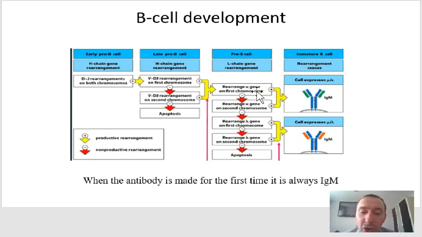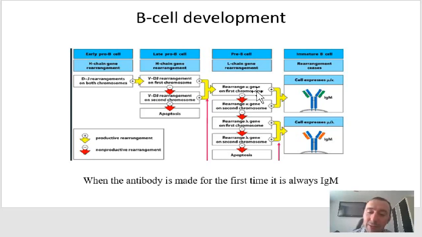But if the rearrangement of the first kappa gene was not successful, then you try to rearrange the second copy of the kappa gene. If that's not successful, you try to recombine the first lambda gene. If that's not successful, you try the next copy of the lambda gene. If that's not successful, then the cell is instructed to die. Okay?